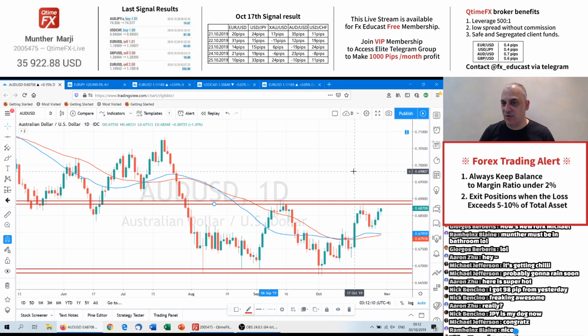We are now much closer to the resistance than to the support, and this means that we should pay attention to this resistance. The highest price we have seen since falling, since August, for the whole month of August, September, and October, the highest price was 68.95. This is the resistance that we need to focus on.